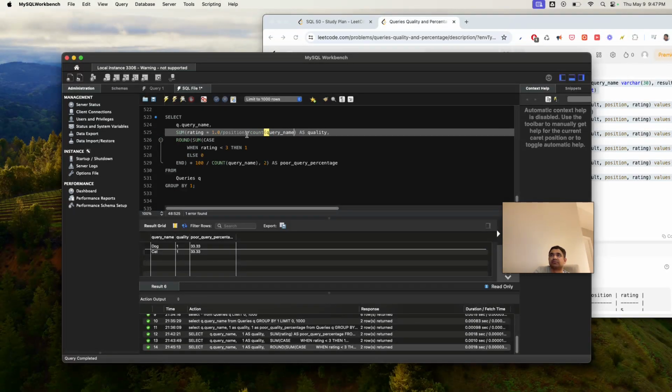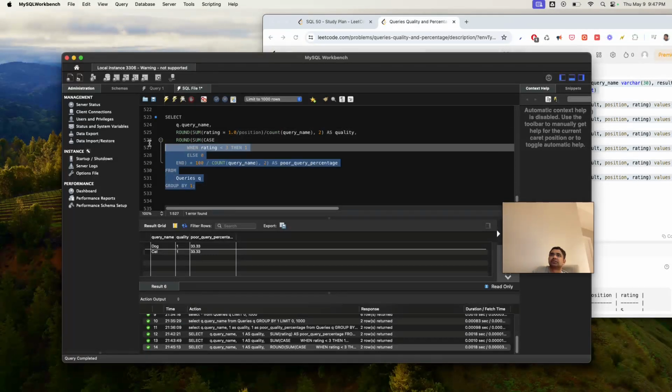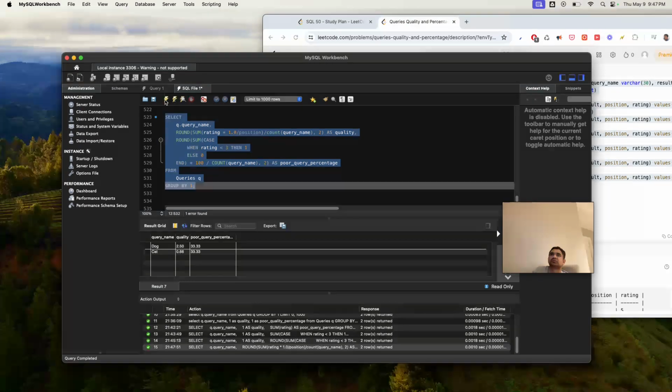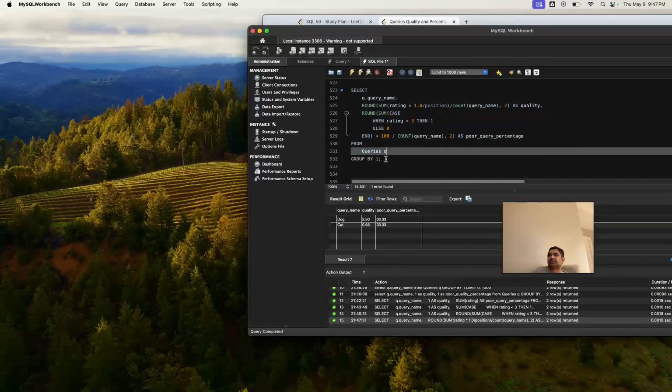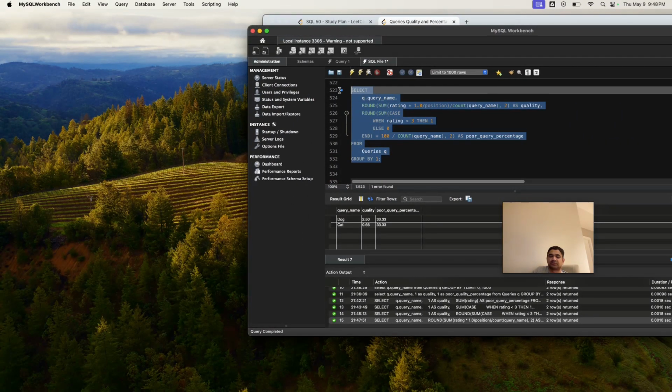Okay, that's also fine because this is an aggregate function and you can use the sum of rating divided by position, and you are dividing this one, and the solution is easy after that. Okay, so we are almost done with the solution. 2.50, 6.x. Okay, so everything is working as expected right now.